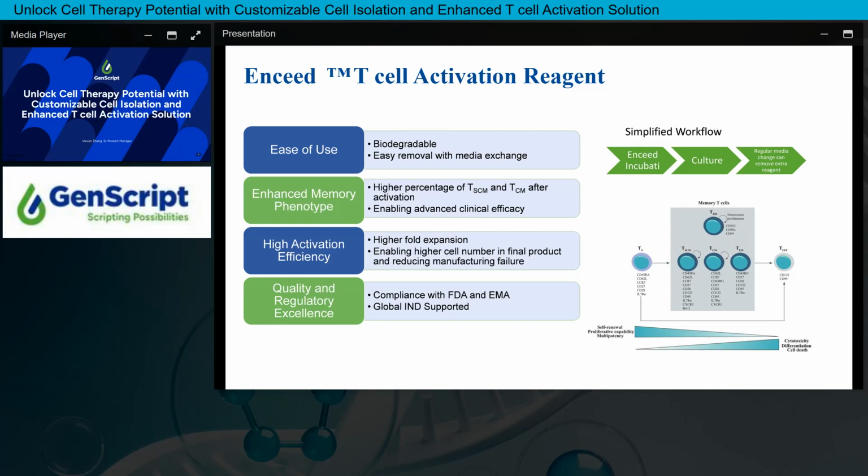This is quite important for T-cell-based therapy development. We have also seen higher fold expansion in T cells activated by this reagent. And it is fully compliant with FDA and EMA and has successfully supported IND.